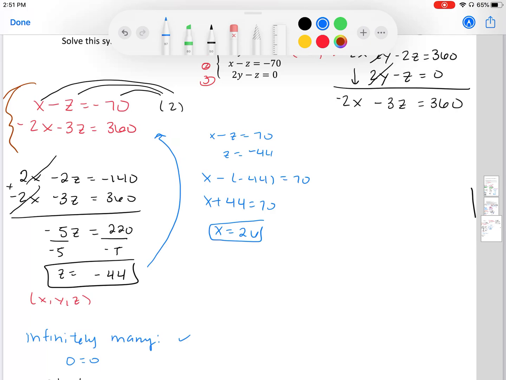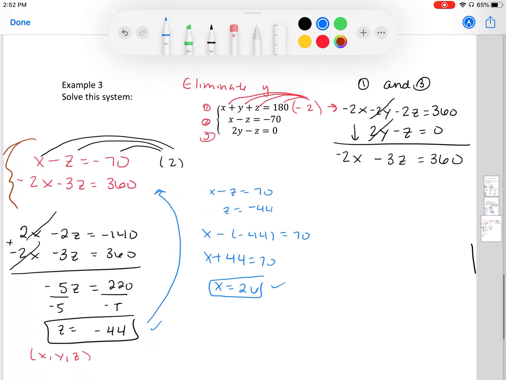Now we're left to plug both of these into one of our equations. Well, it doesn't matter which one. We're just trying to find y. We can really use any one of them. I'll use that top one. So I have x plus y plus z is equal to 180. Okay, so x is 26, y we don't know, and z is negative 44 equals 180.